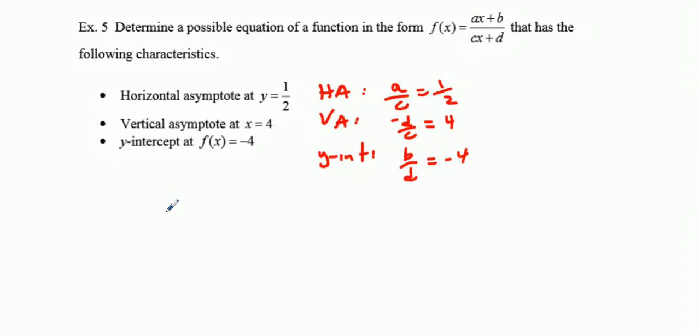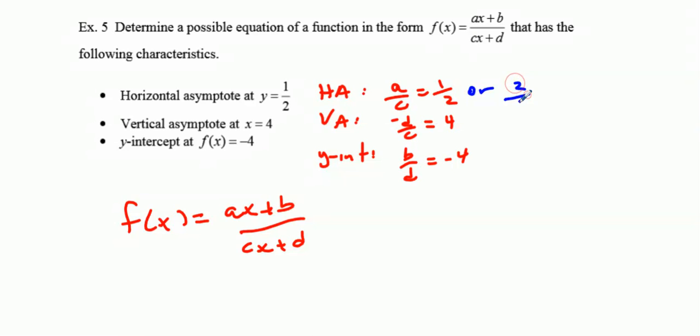So we're starting with this equation, f of x equals ax plus b over cx plus d. So we know that a over c has to equal 1/2, or it can really be any multiple, right, that reduces down to a half, like 2 over 4 or 4 over 8. So let's just start with the reduced fraction of 1 over 2.